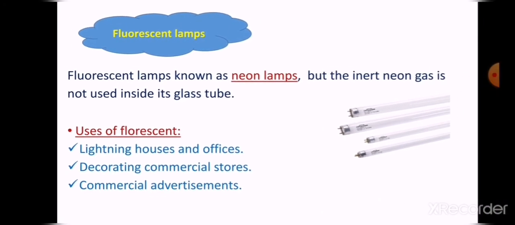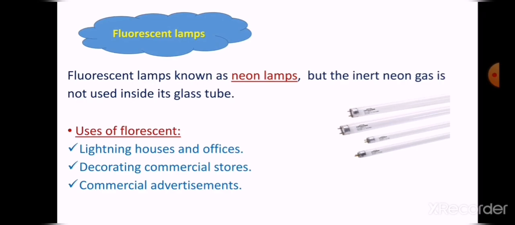What are the uses of fluorescent lamps? They are used for many purposes, such as lighting houses and offices, and decorating commercial stores and advertisements.